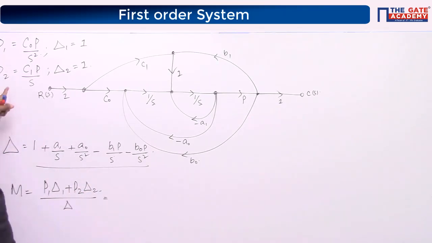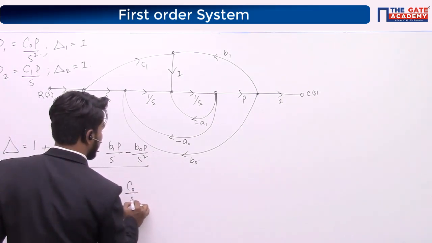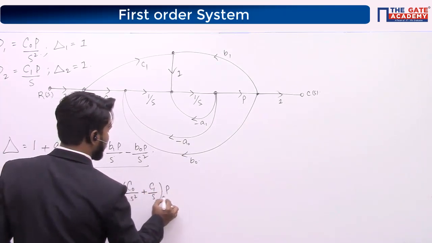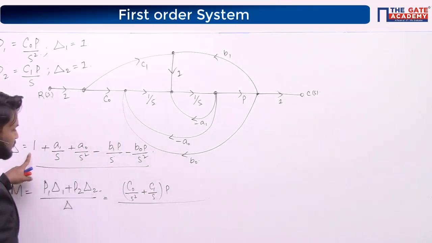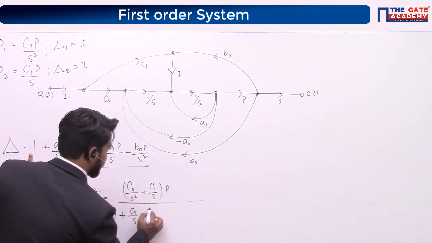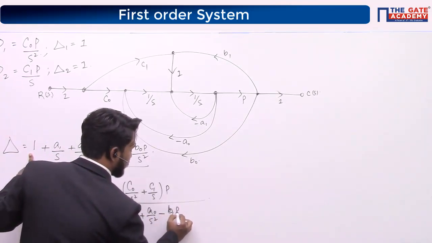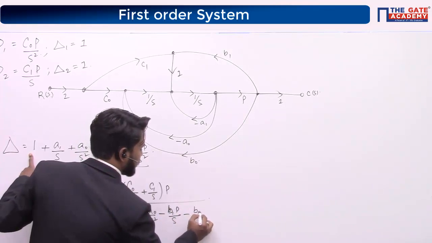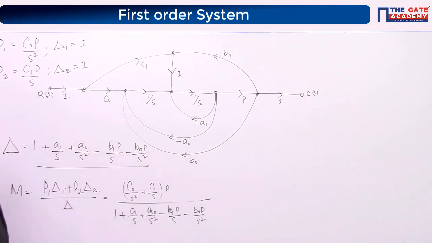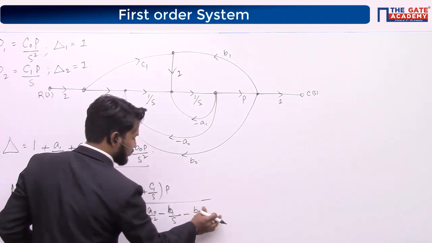Therefore, P1 delta 1 plus P2 delta 2 is C0 by S square plus C1 by S, with P in common, divided by 1 plus A1 by S plus A0 by S square minus B1 P by S minus B0 P by S square, right? So from this you can take P to be common. You can take P out of this.